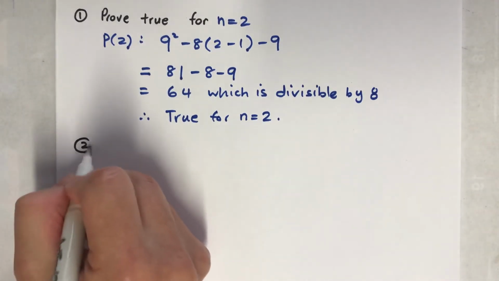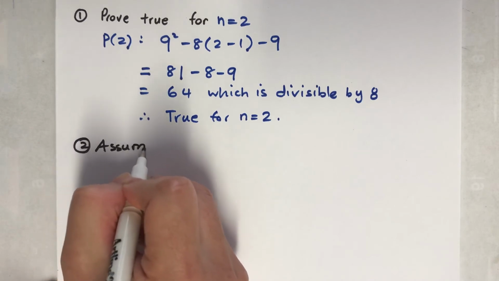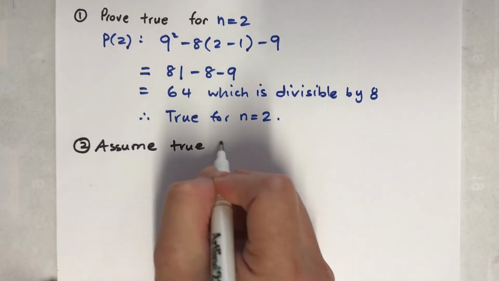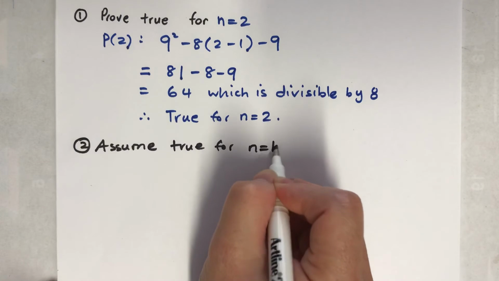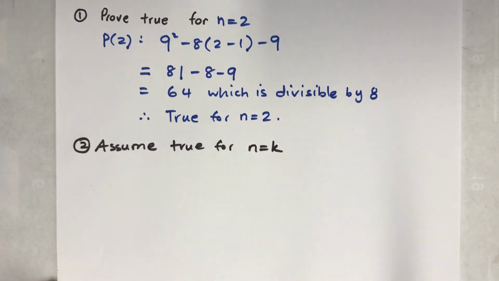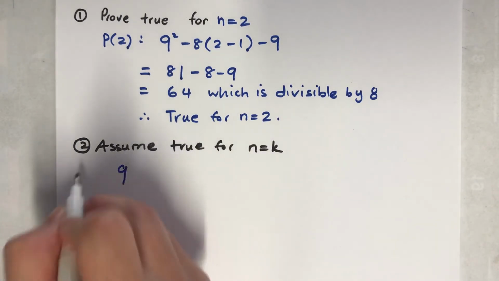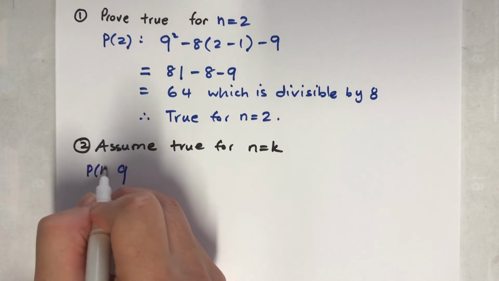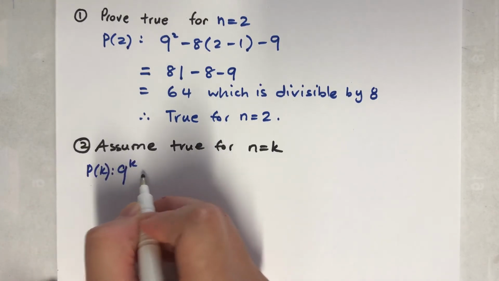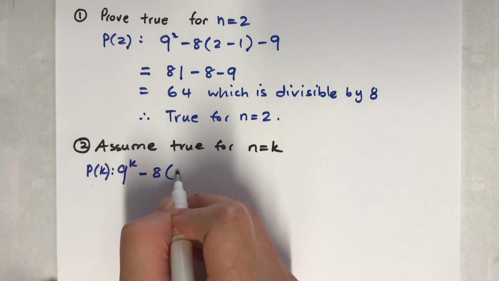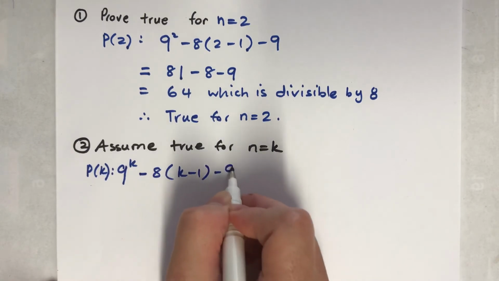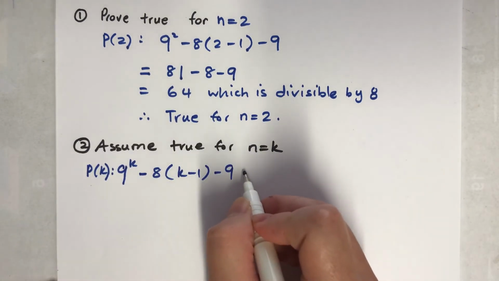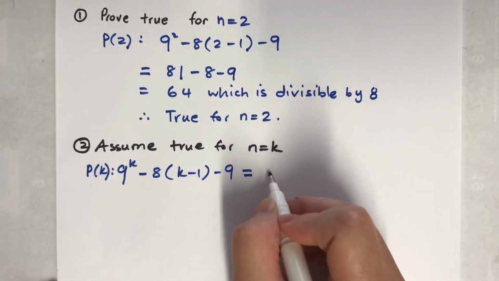Second, step 2, assume true for n equals k. This is not a hard one. This is one of the easiest ones. I'll just put P(k): 9 to the power of k minus 8(k minus 1) minus 9, again divisible by 64.